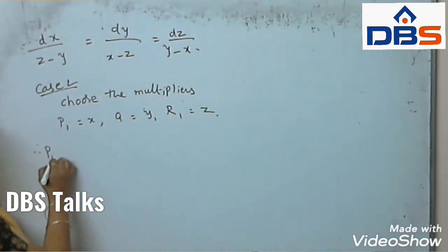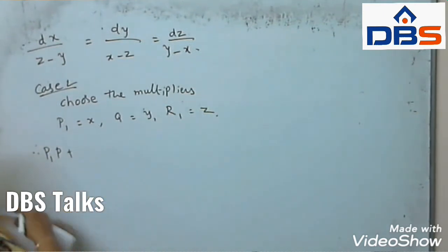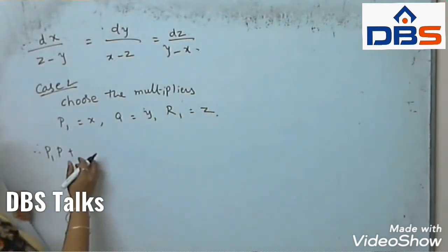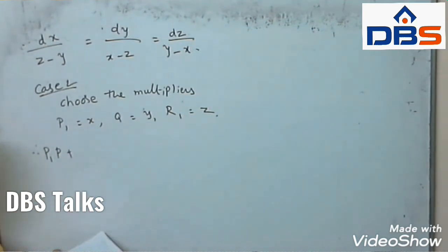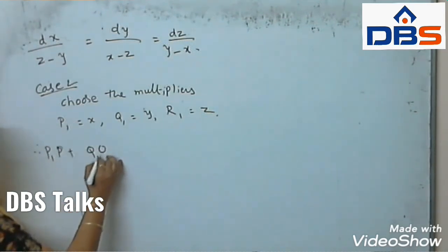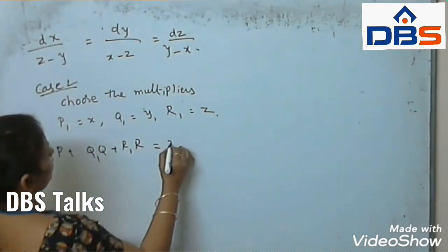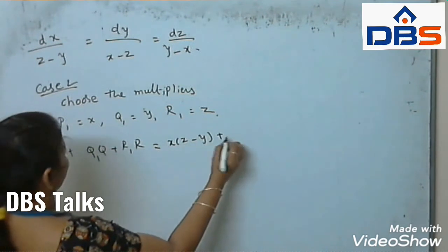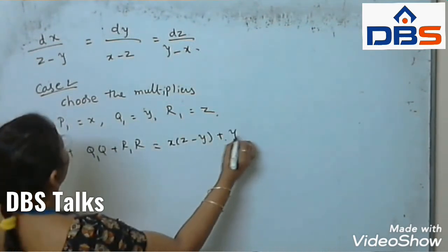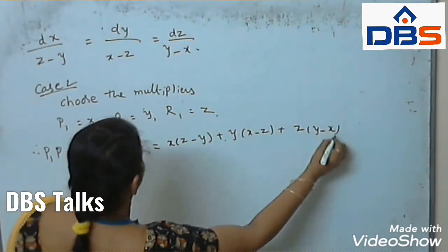Therefore, P1p plus Q1q plus R1r, that is equal to x into z minus y plus y into x minus z plus z into y minus x.